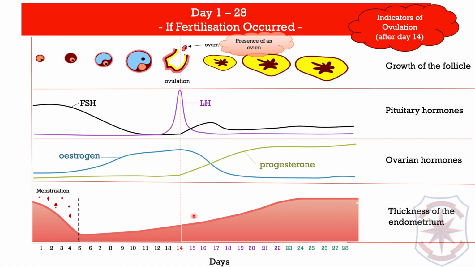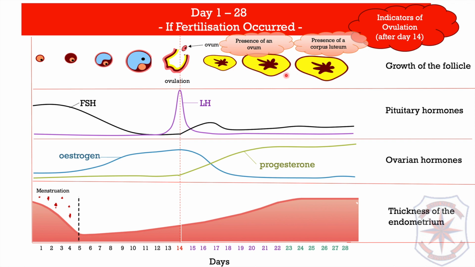The first indicator is the presence of an ovum. Ovulation, like we said, is the rupturing of the Graafian follicle to release an ovum. So when there is an ovum, it means ovulation has occurred. Secondly, the presence of the corpus luteum. Remember, we said the second function of LH is to take the ruptured follicle and turn it into a corpus luteum.